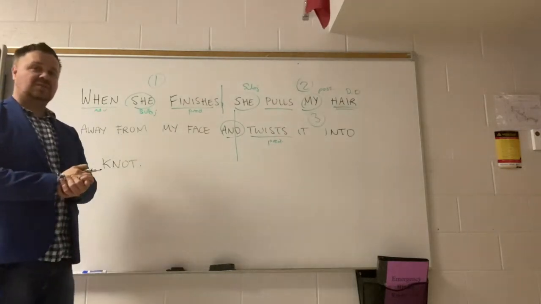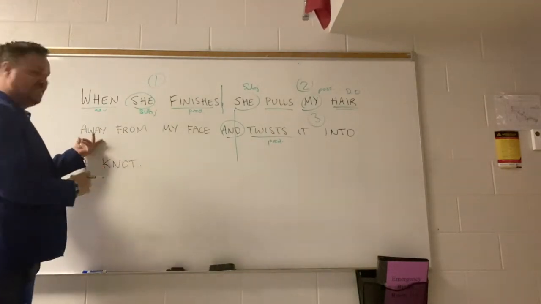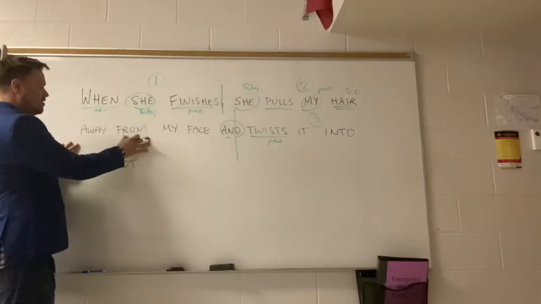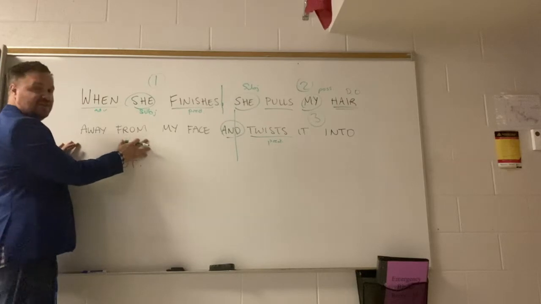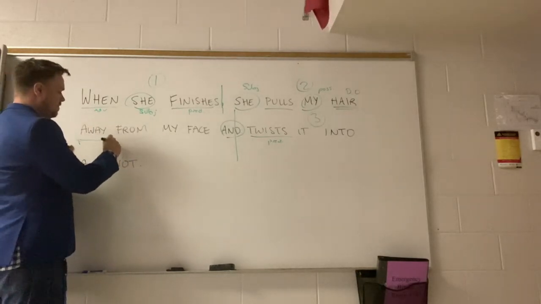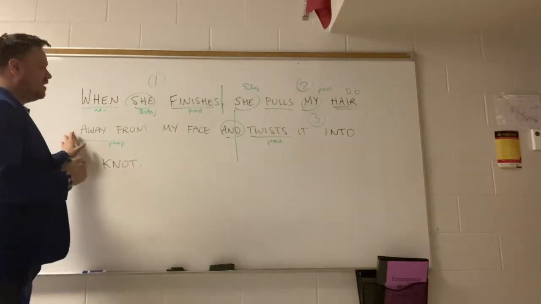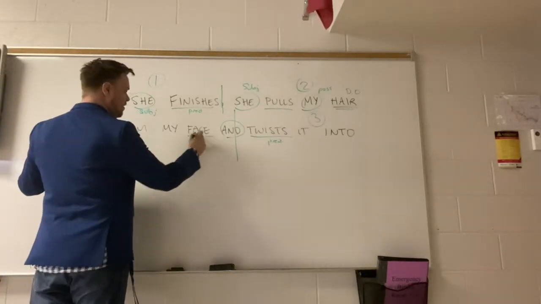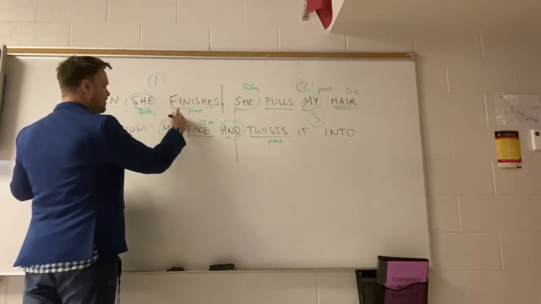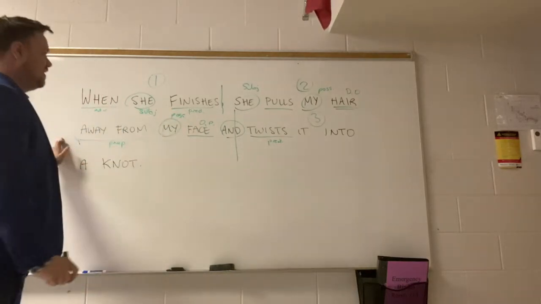Now, I think some of you identified away as an adverb. Technically, you are correct, but because there is a preposition from, away from is actually one big preposition. Okay, away from what? Face, object of the preposition. Whose face? My face. Awesome.